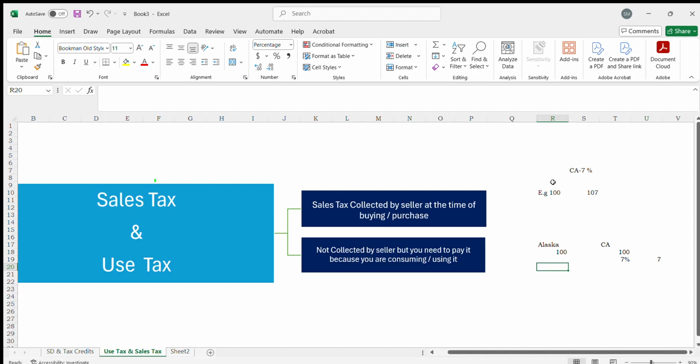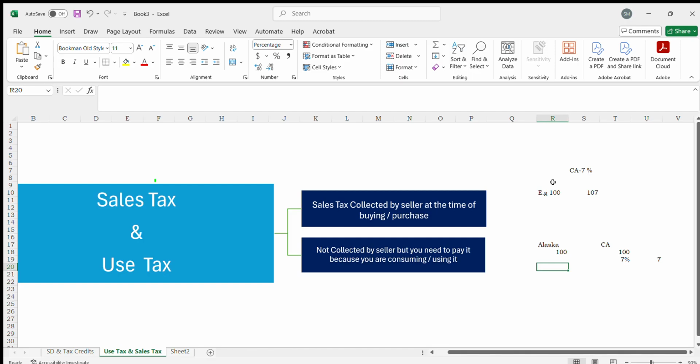Why is he paying that tax? Because he's using that item in a state where there is a sales tax. So to keep it simple, sales tax is an indirect tax that the seller collects from the buyer at the point of sale.